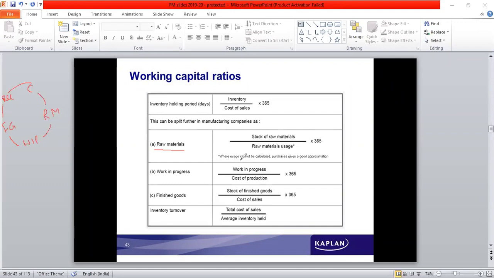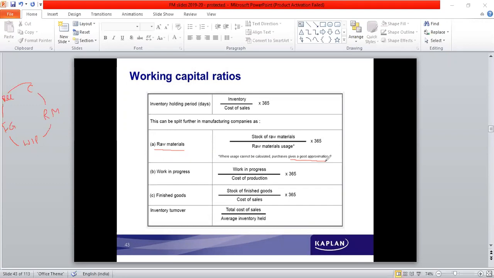Usage cannot always be calculated, so purchases give a good approximation. How the raw material is used, or the quantity of material consumed, we substitute that and find out the requirement of capital to be invested in raw material.